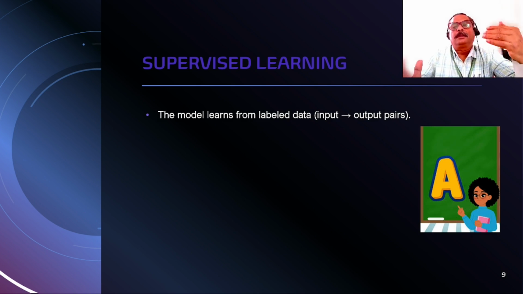When we are learning what A is, how A looks and how A is pronounced, the structure goes to our eyes and one part of the brain triggers, and the pronunciation of A goes to our ears and another part of the brain triggers. So this is happening together.